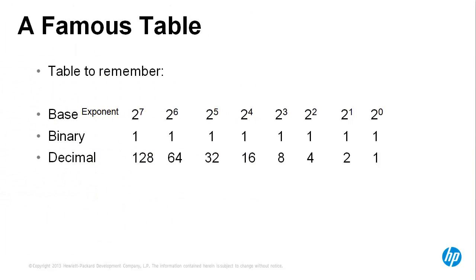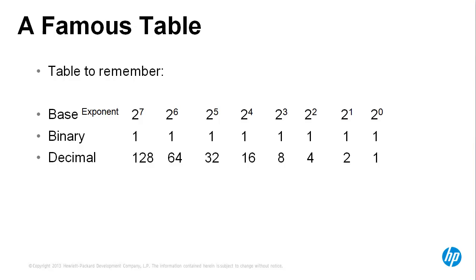Now if you're ever going to learn a table to help you with binary and subnetting, this would be it. In the real world, we typically use calculators, but it's well worth knowing how to do this manually to help you with your understanding. So if you ever need to do this manually, I'd suggest that you write down this table, because it'll make your life a lot easier when working out binary to decimal and decimal to binary calculations.